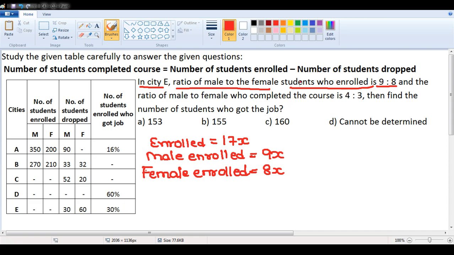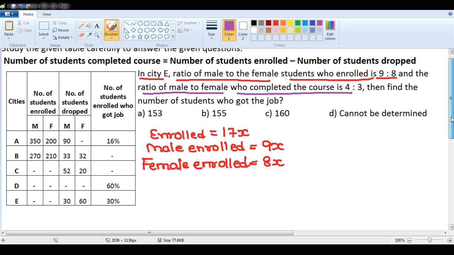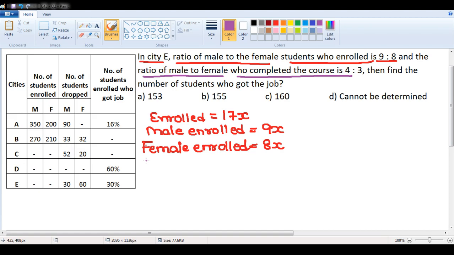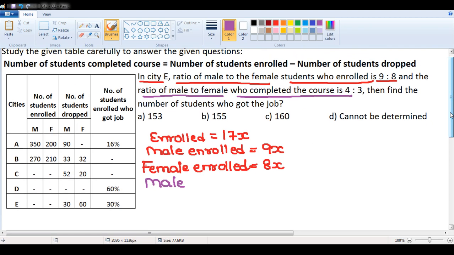Continue the question. The ratio of male and female who completed the course is 4:3, right? From the definition given, completed is enrolled minus dropped. Male completed is enrolled minus dropped.